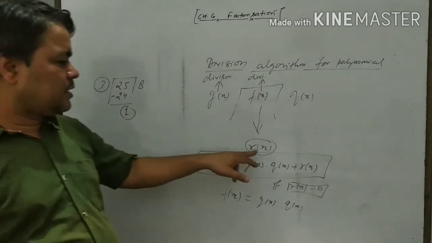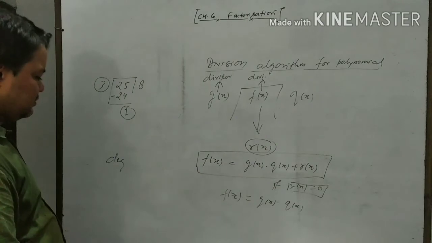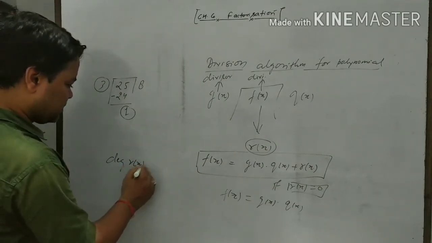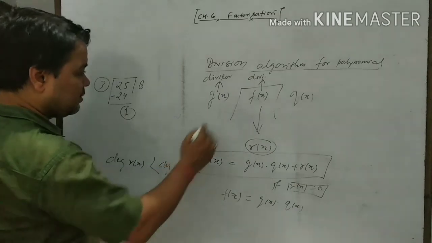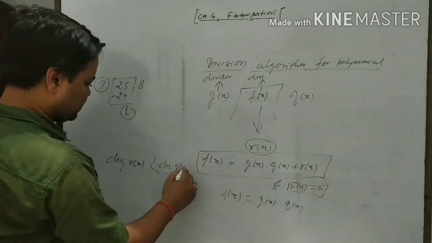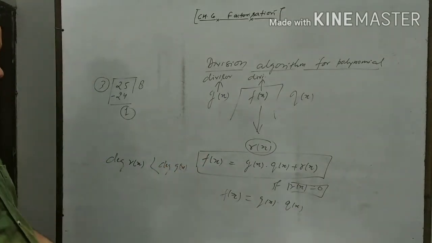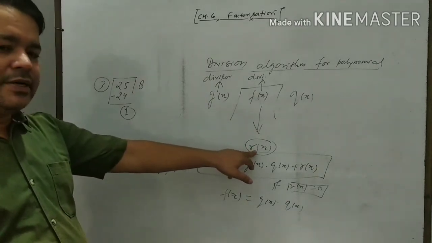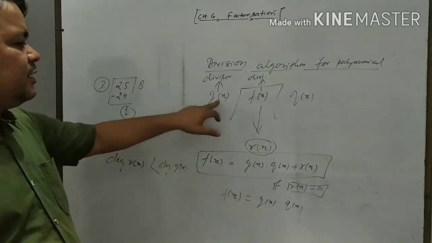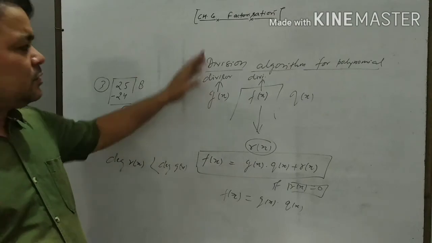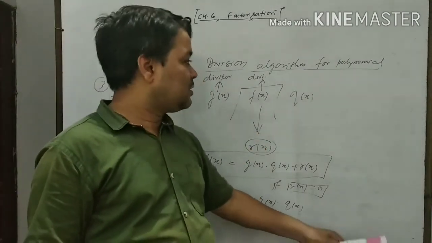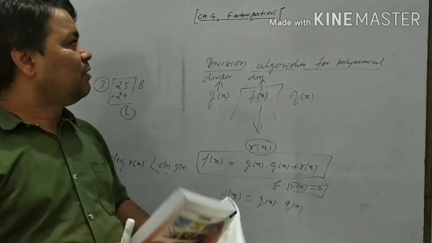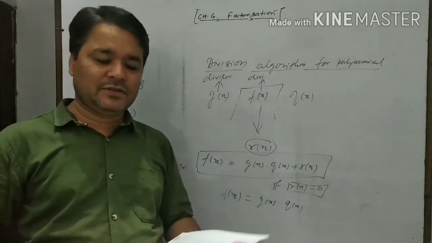Similarly, here also the degree of Rx is always less than the degree of Gx. Means the degree of the remainder will always be less than the degree of the divisor. You just remember all the concepts related to factorization.